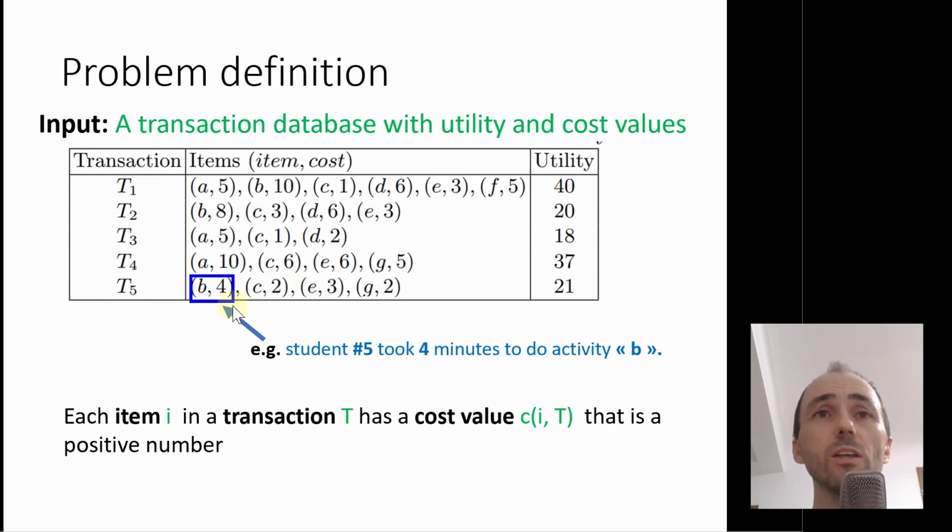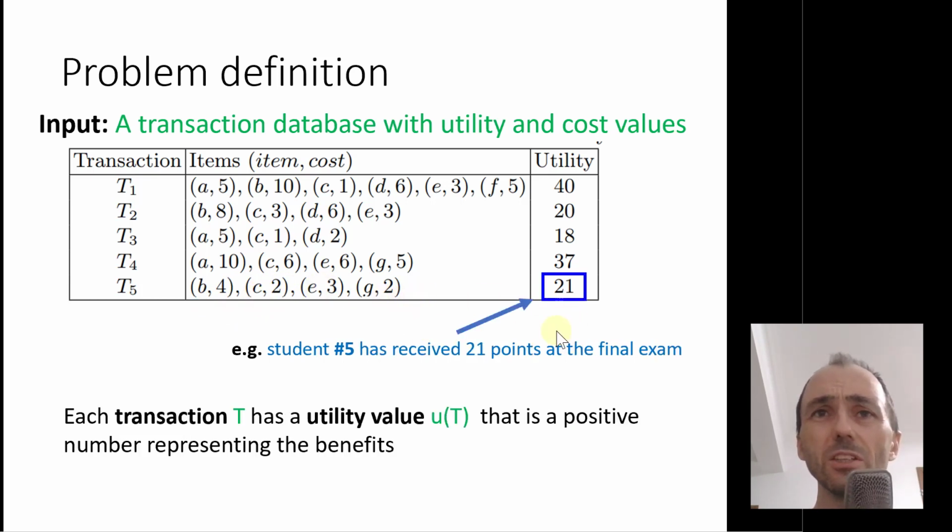Now also in each transaction, each item like B will also have a cost value. So here we have B4. It means the student 5 took 4 minutes to do the activity B and 2 minutes to do activity C and so on. Okay. Also in each transaction we have a utility value that indicates some benefits.